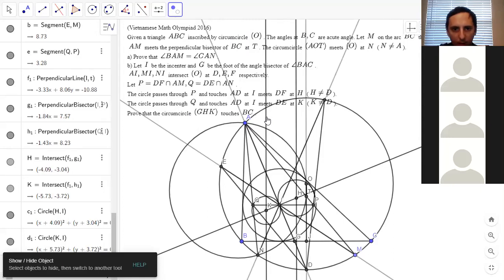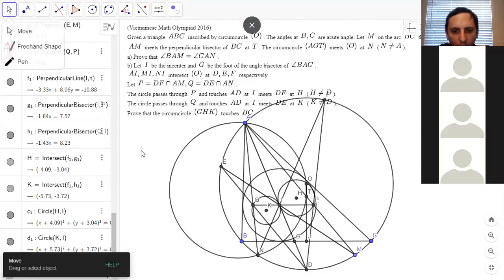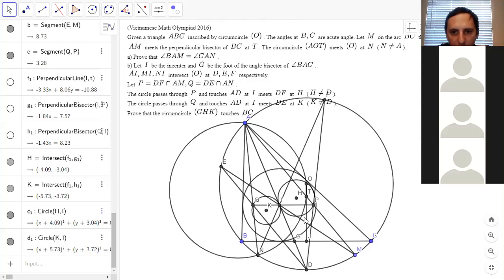This is a complicated diagram. All right, so you draw those two circles, and this one meets DF at H. Let me move this label out of the way.